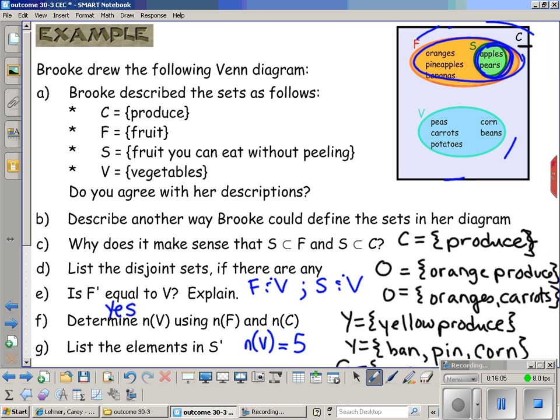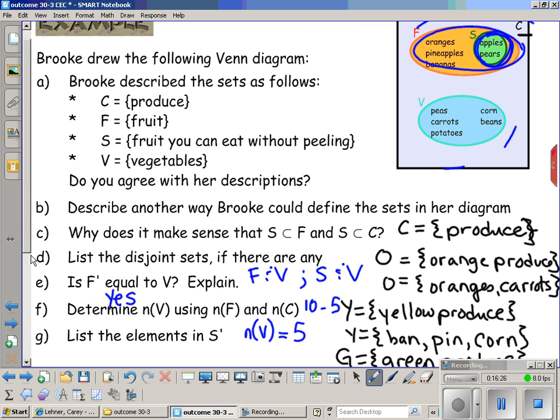We can also use this by understanding how many are in the set F and the set C. So in our universal set, there are 10 pieces of produce, and in our fruit, we have 5 pieces. So 10 minus 5 leaves us with 5 elements in the vegetables.